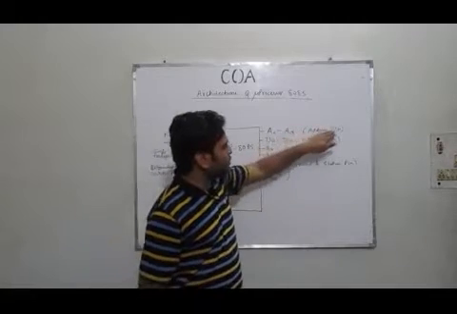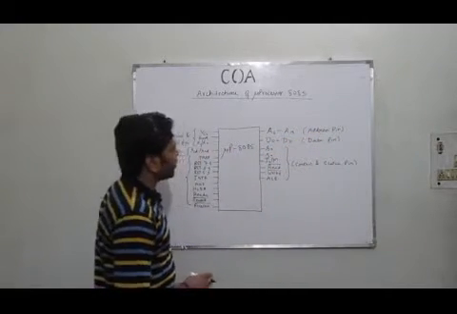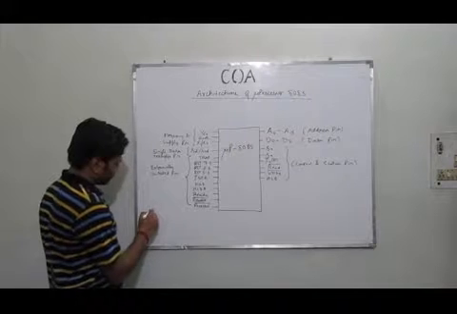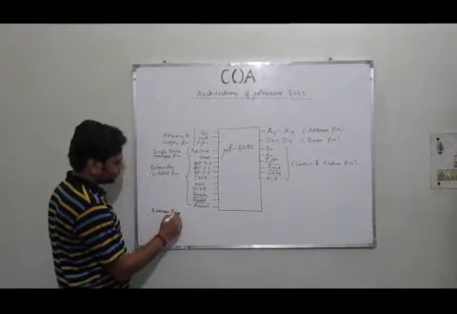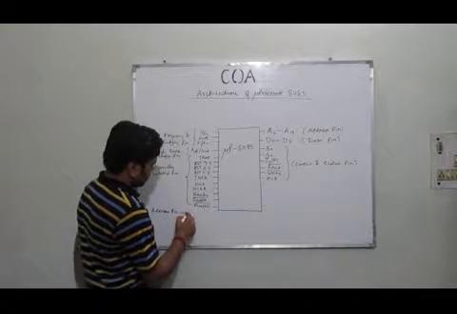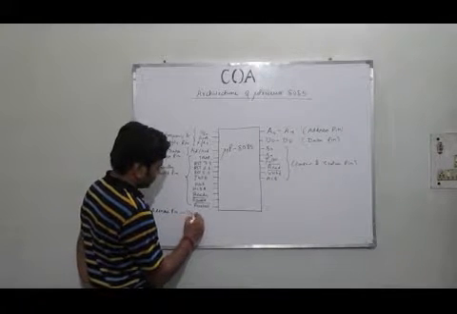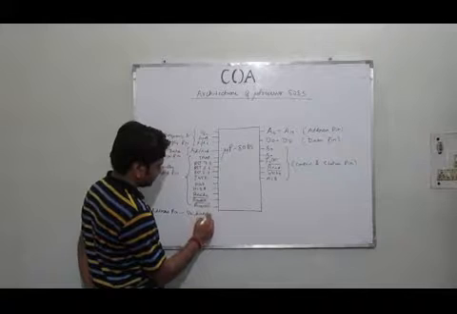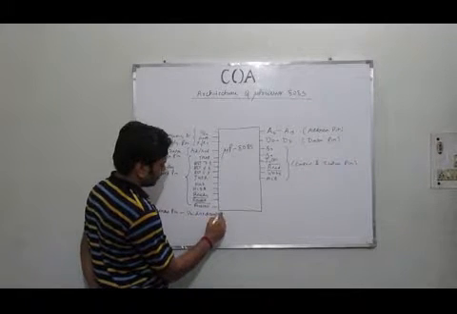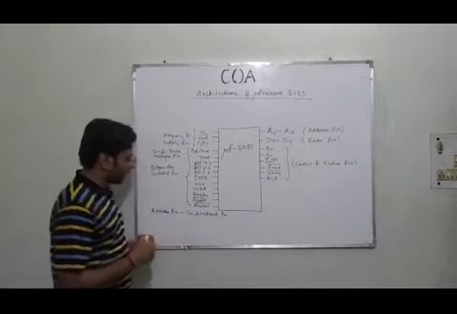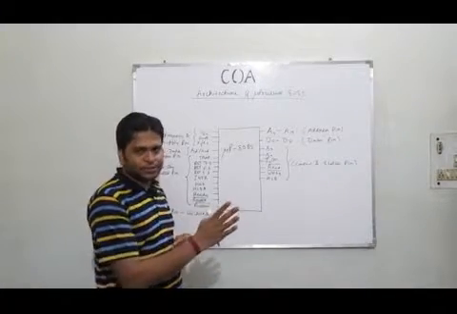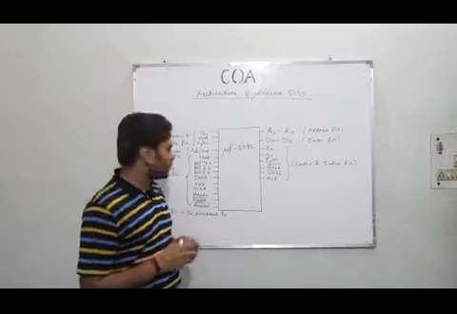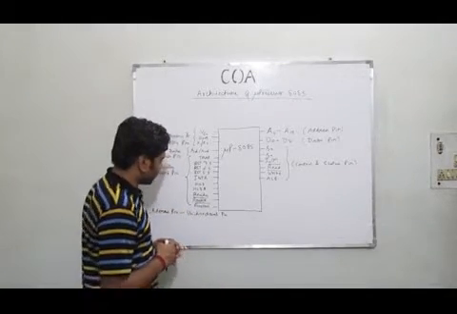When we talk about the address pin, what we have to remember is that the address pin is unidirectional. That is, through the address pin we can transmit data in only one direction, not in both directions. So it is a unidirectional pin.